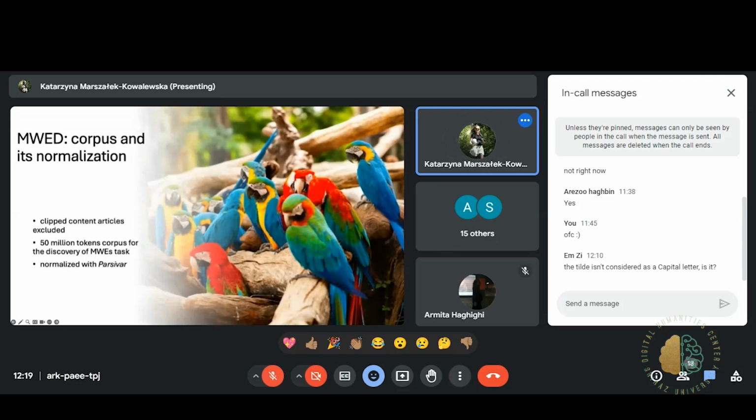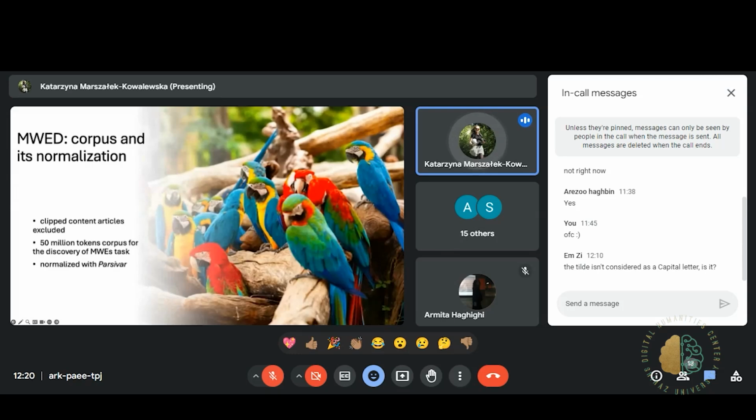Since the news text corpus was obtained via crawling, it seemed to me that certain cleaning steps needed to be put in order first. So the initial corpus analysis showed that there is a certain number of articles that contain incomplete content, the so-called clipped content.